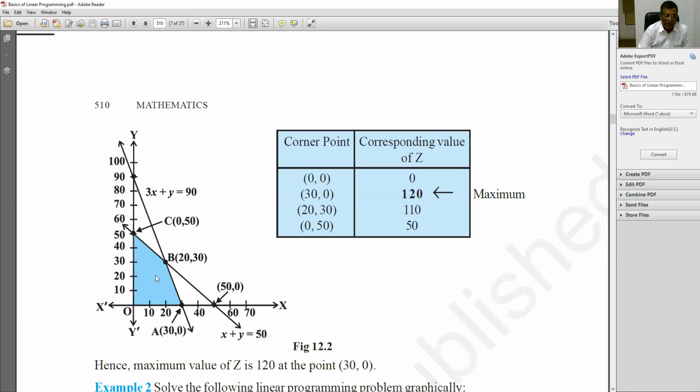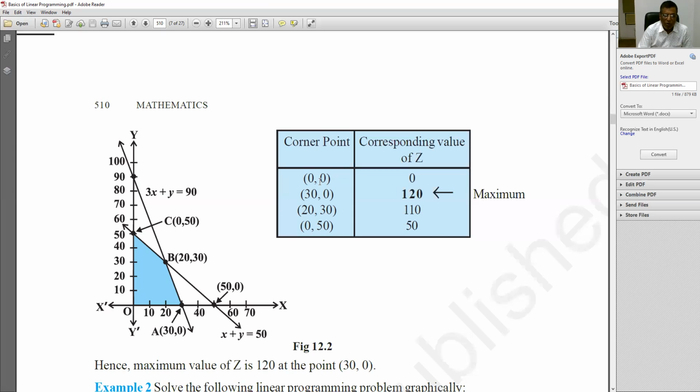This sky color region is the feasible region, and hence you can find, if you put all these, this is 0, 50, here is 20, 30, and here is 0, 0, and then 0, 50.